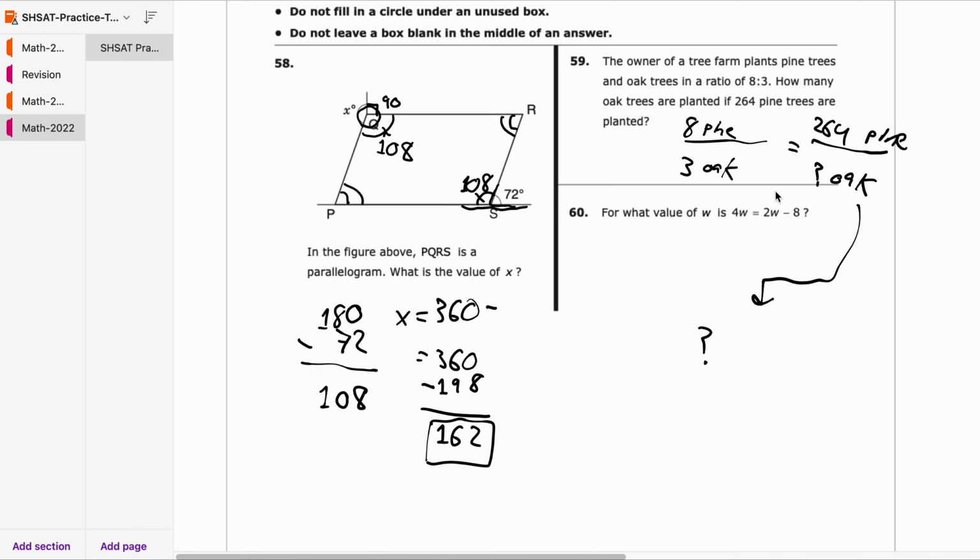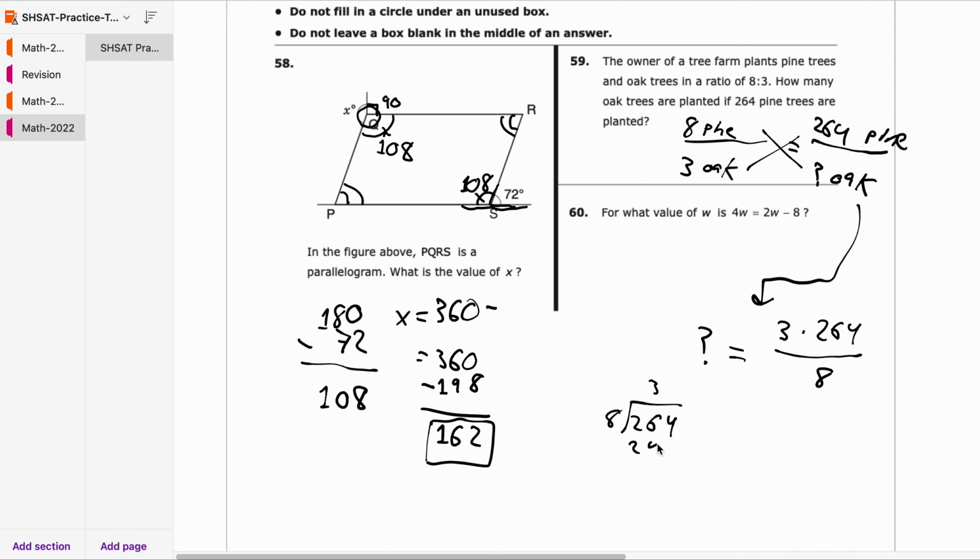So I'll do that over here. We're just going to cross multiply here. So the question mark is going to be equal to 3 times 264 over 8. And then here, let me divide 8 into 264.